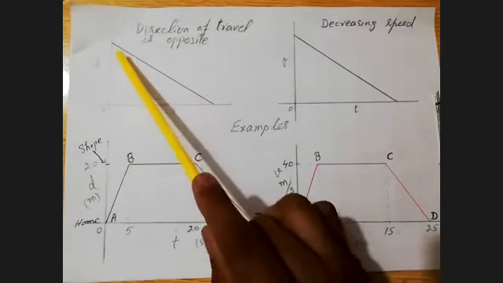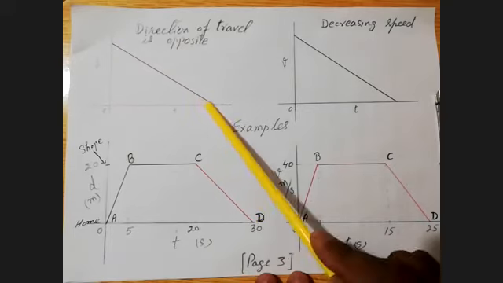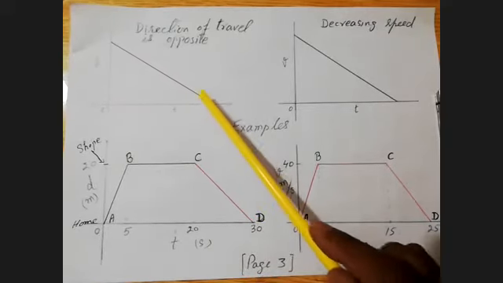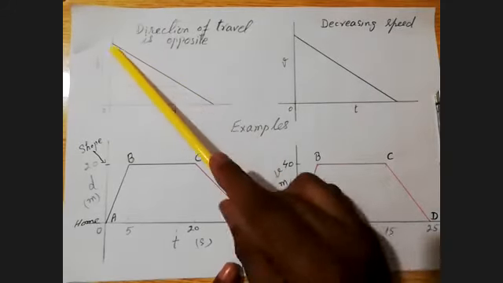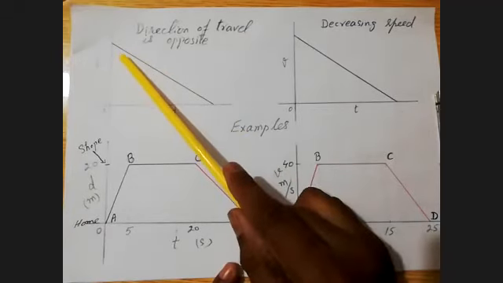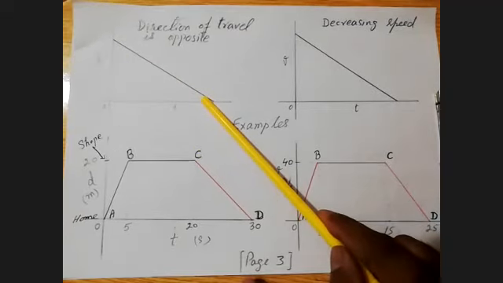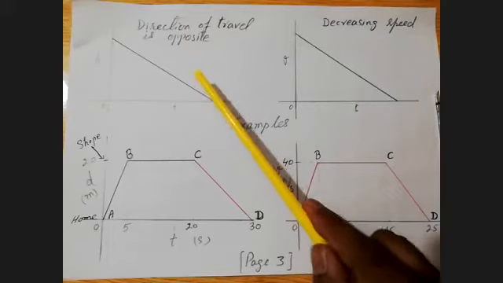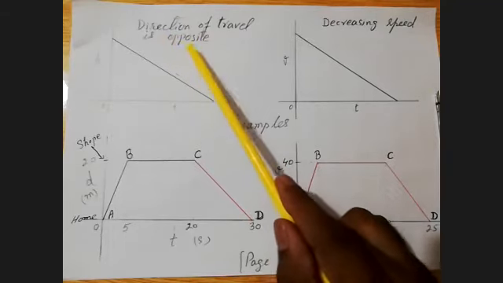The gradient of this line also shows the speed of the body. As you know, when the line is just like this, its gradient is negative. That negative sign will show you that the body is traveling in the opposite direction.